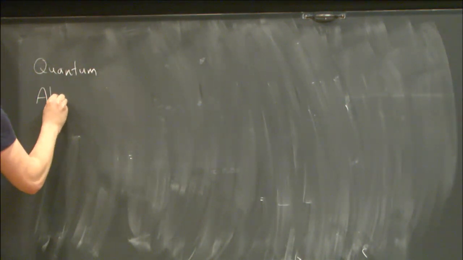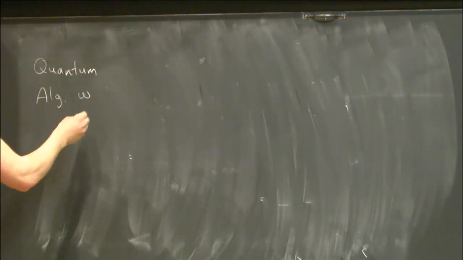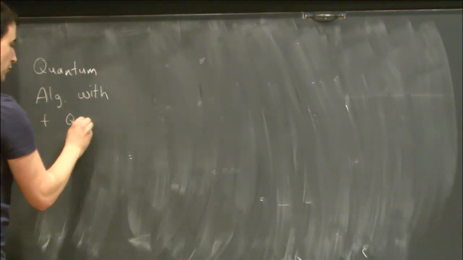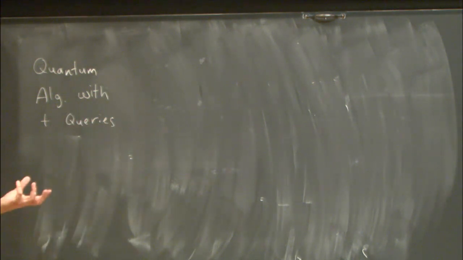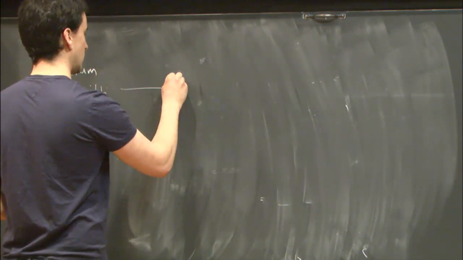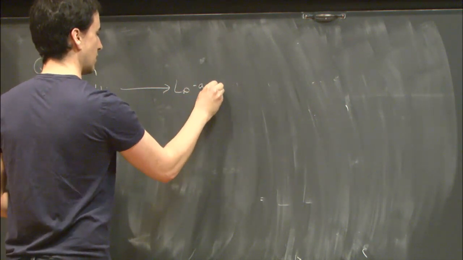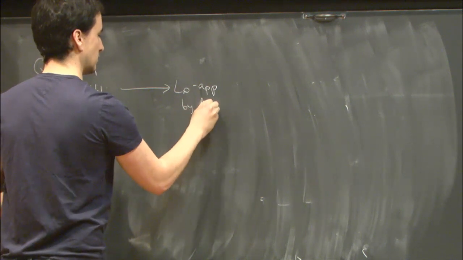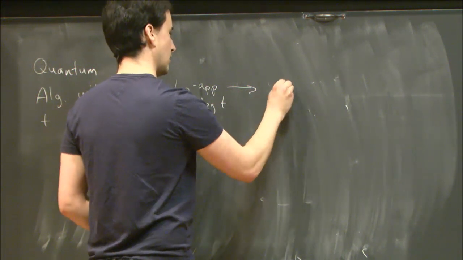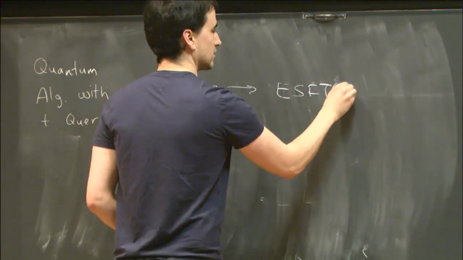Whenever you have a quantum algorithm for computing the function f with t queries, where by query I mean reading an input bit, then this implies L infinity approximation by degree t, which implies exponentially small Fourier tails with parameter t.